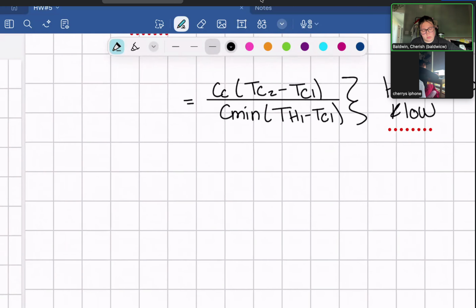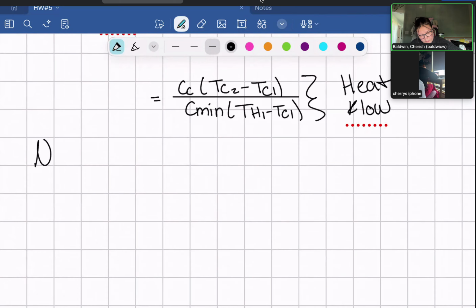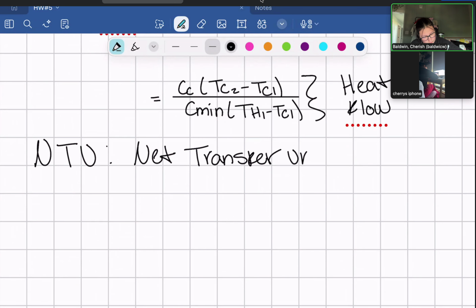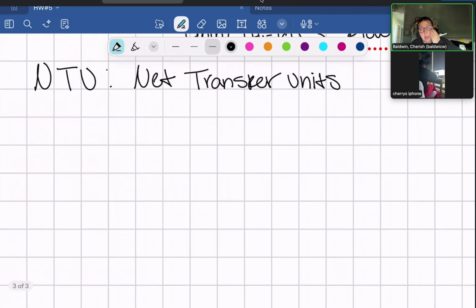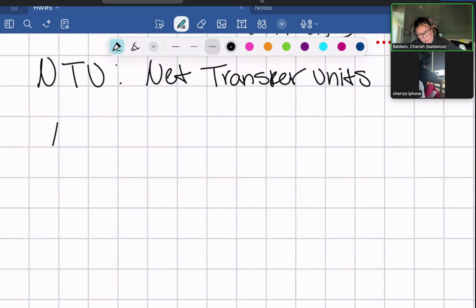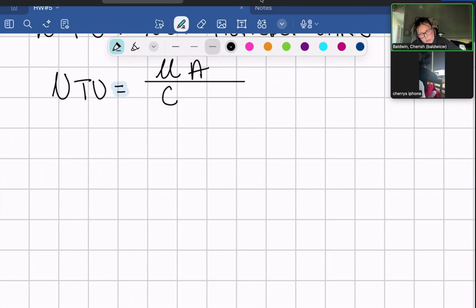And now the NTU is the number of transfer units, and so NTU can be equal to the universal heat transfer coefficient times the area over the mass flow rate heat capacity minimum.